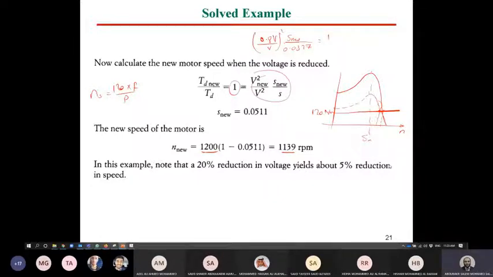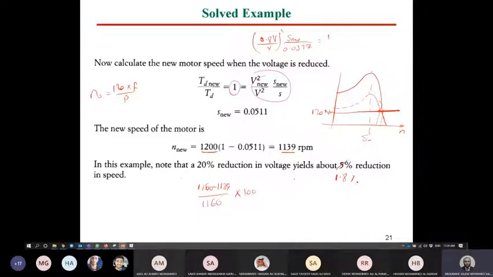So this percent is calculated wrongly in the reference. Here this one is 1.8% change. How did I get this value? I just subtracted 1160 minus 1139 over 1160 and multiplied by 100 to get the percentage. It's almost 1.8% speed reduction.